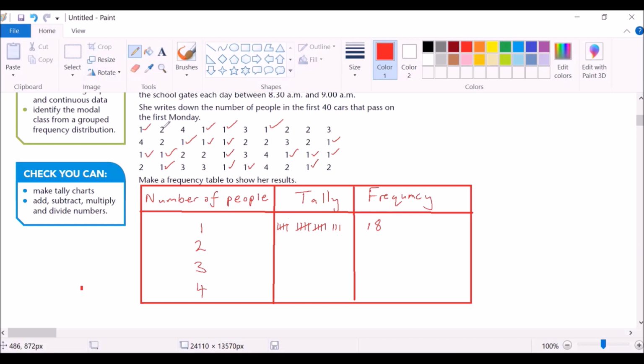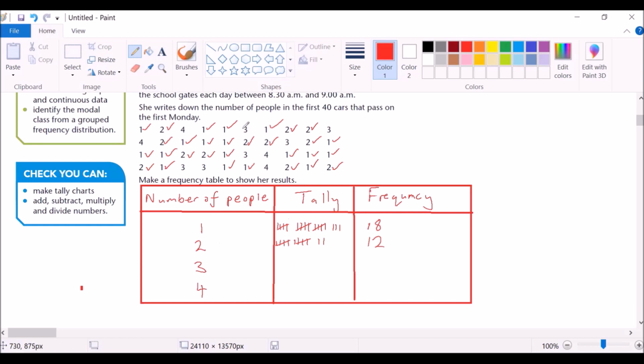For 2, we have 1, 2, 3, 4, 5. And 1, 2, 3, 4, 5. And 1, 2, 3, 4, 5. And we have 1, 2 more. So we have 12 twos.